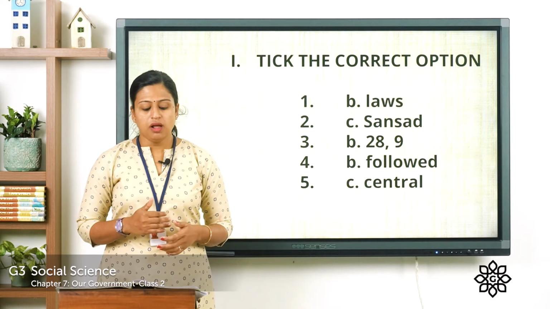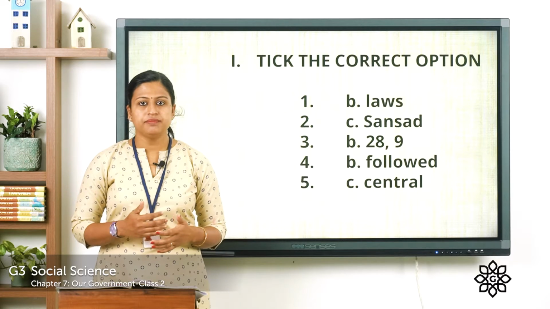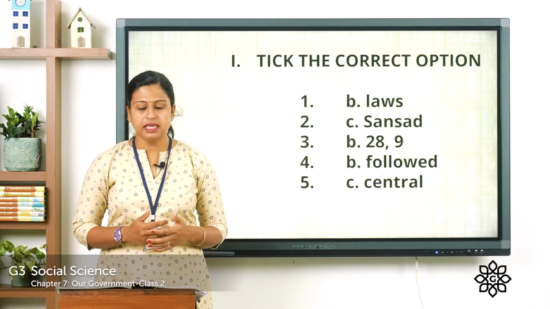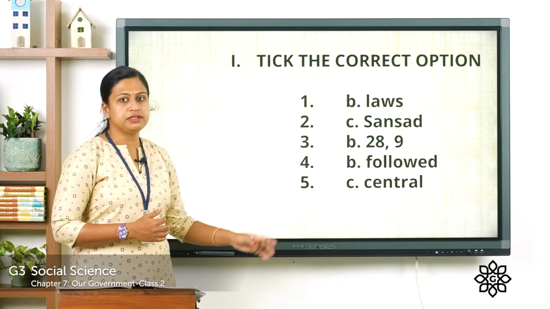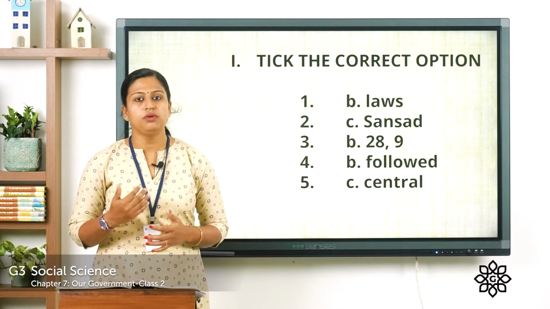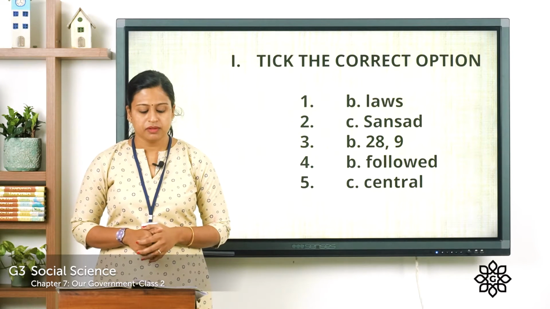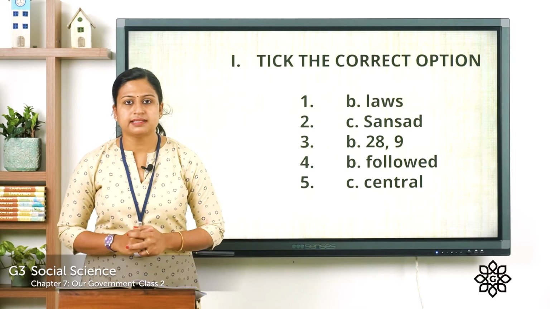Fifth one: law and order for the entire country of India is looked after by the central government. So you have to write these exercises in your notebook with proper date and chapter number.